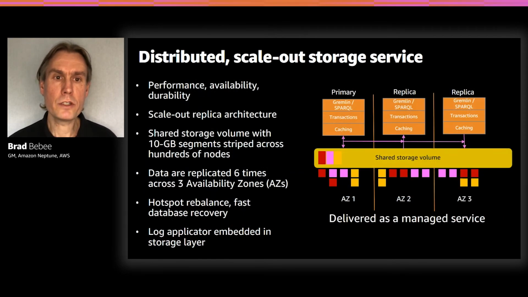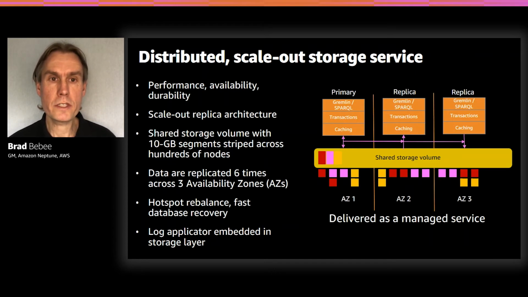Let's dive a little deeper into the storage service. When you create a Neptune cluster, in addition to the instances that process queries, you also create a shared storage volume. This shared storage volume is managed by the scale-out storage service, and it grows in 10 gigabyte segments. Each of those segments is stored in 6 copies across 3 availability zones, and that's how the storage service guarantees both high availability and durability.